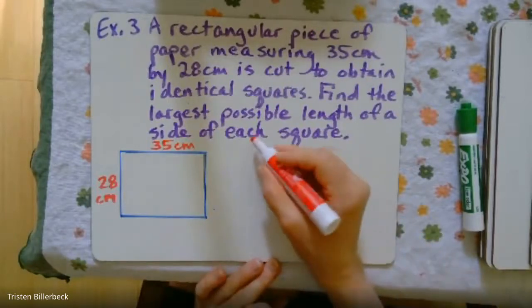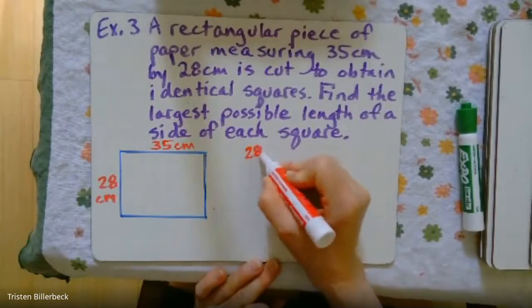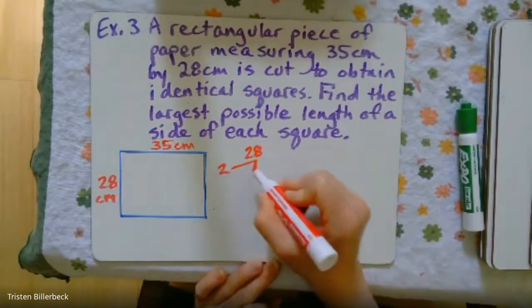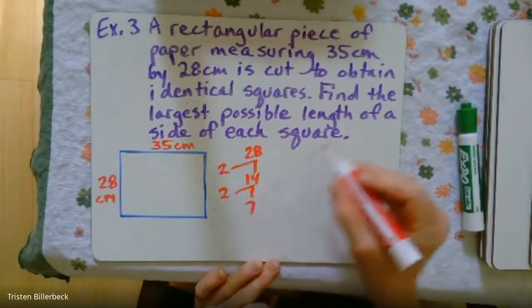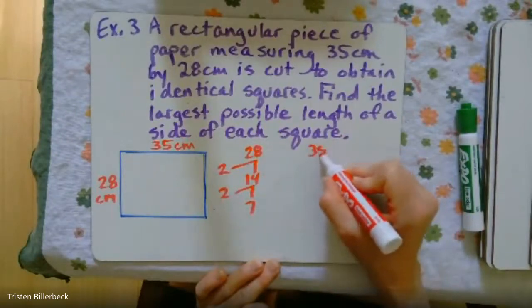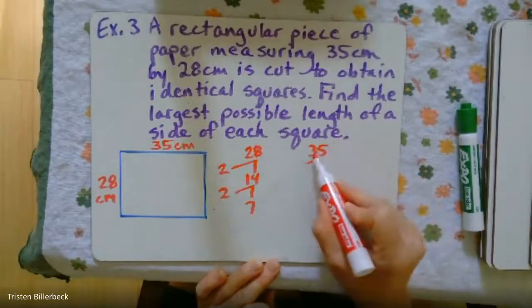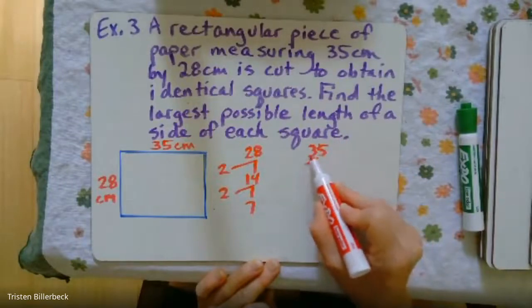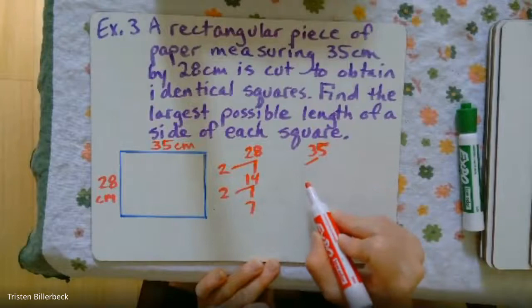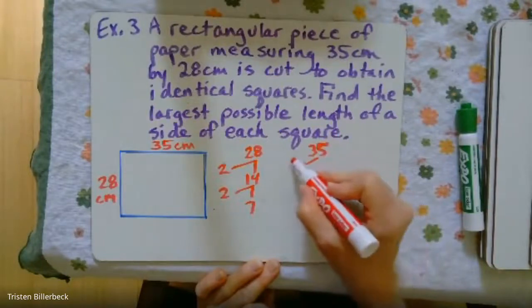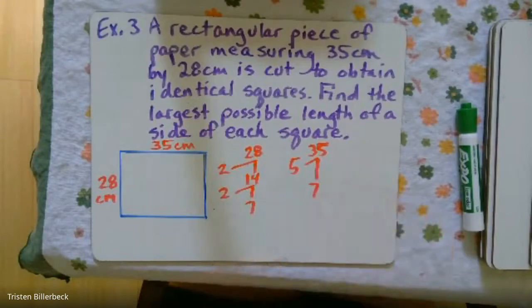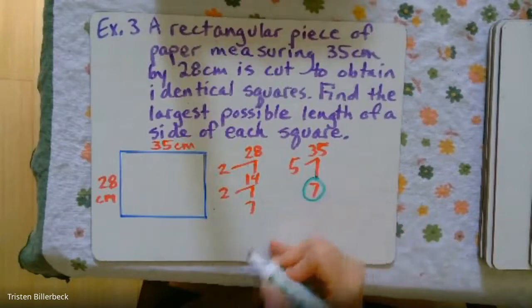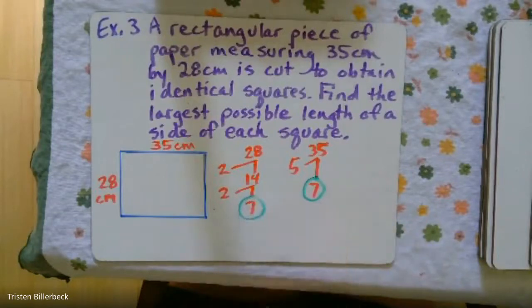All right, so let's factor 28. It's even, so we take 2 out, we get 14. We take another 2 out, we get 7. So we factor 35. It's not even. 3 plus 5 is 8, that's not divisible by 3, but it ends in a 5. So we can take a 5 out, and then we have 7. So we see what they have in common is this 7.